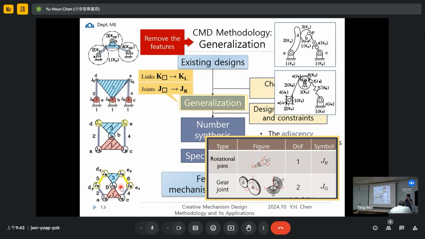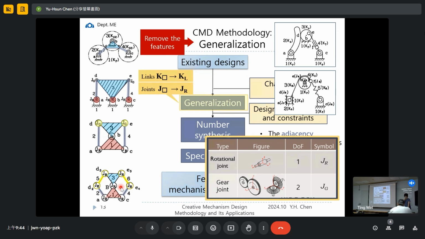If that DNA is generated together, they will become human beings, but maybe with different experiences and different features. However, if we trace back to the generalized chain, we can find different mechanisms with the same generalized chain. Okay, so that is the step for generalization.